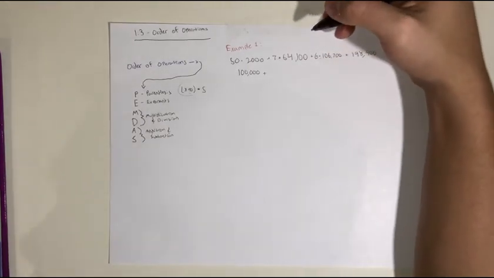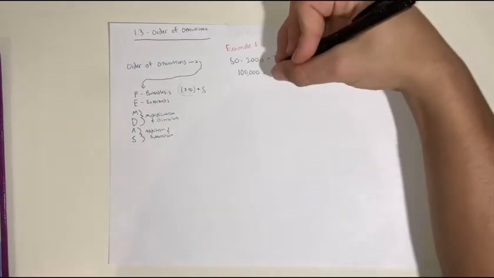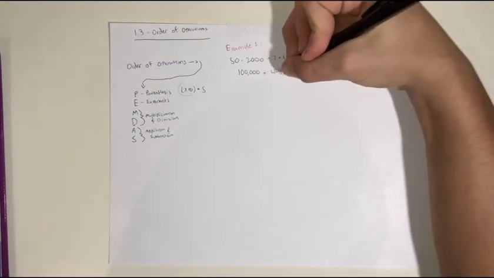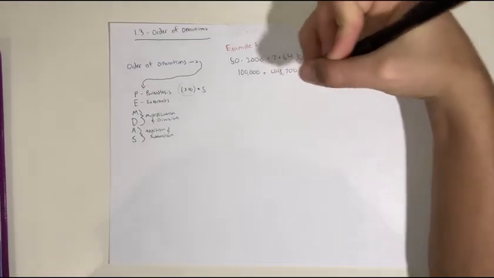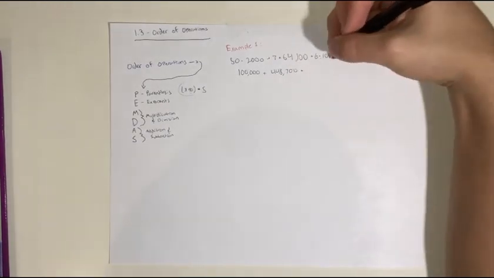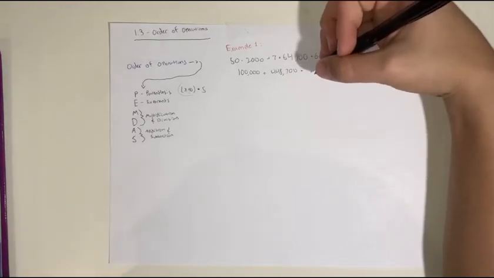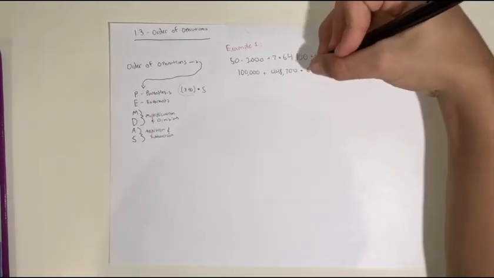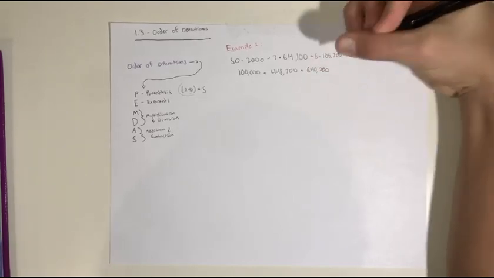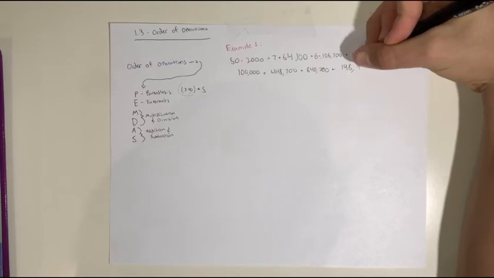What's 7 times 64,100? 448,700. Then we have plus 6 times 106,700. This would be 640,200. Then plus 198,900.